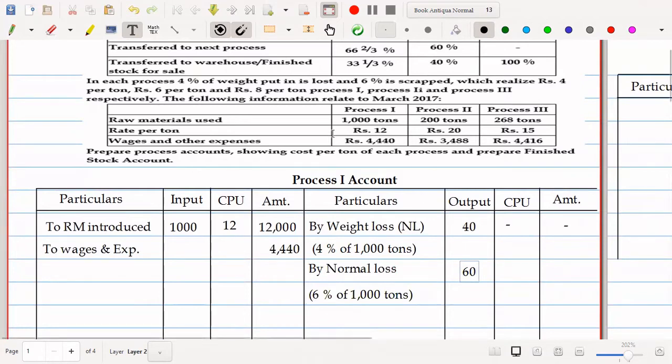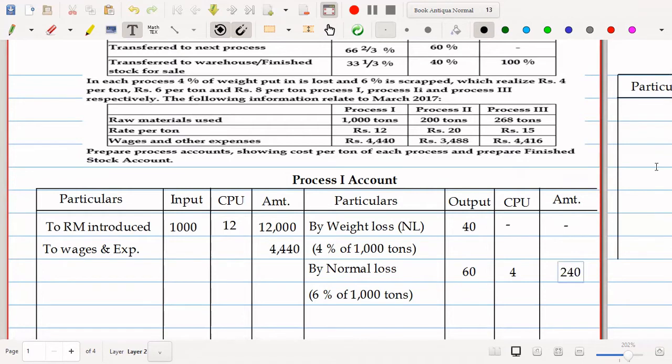What is the CPU given here, which realizes rupees 4, rupees 6 and rupees 8 for process 1, process 2 and process 3 respectively. So for process 1, it's rupees 4. It comes to 240 rupees.